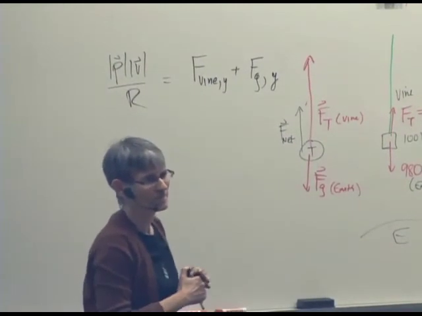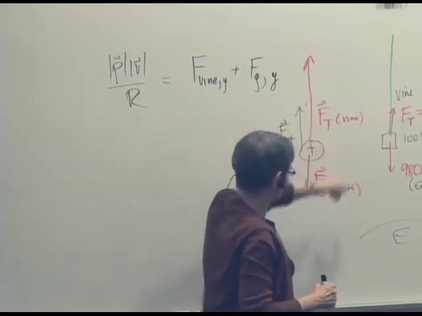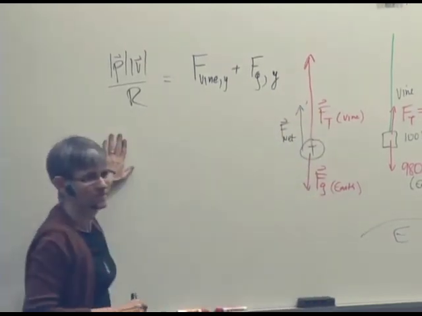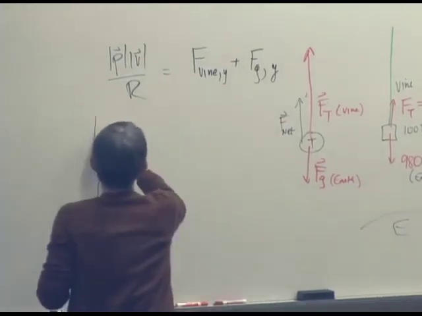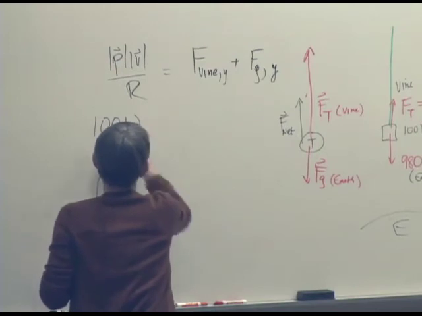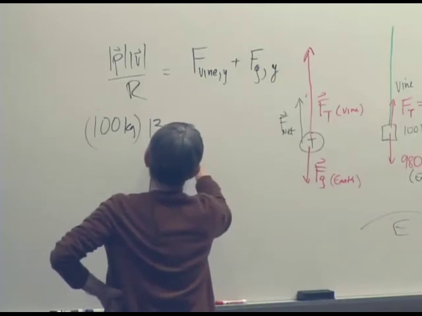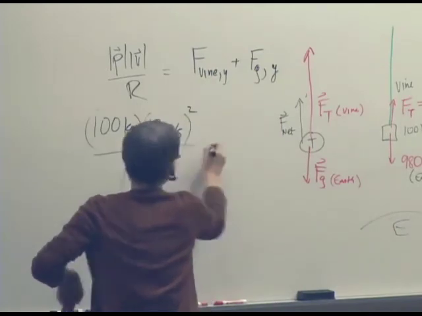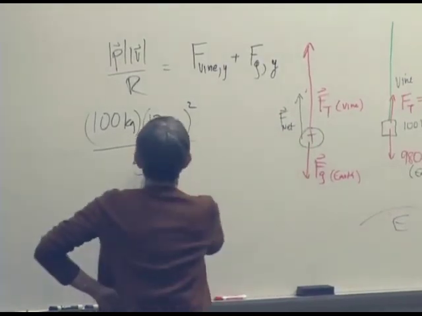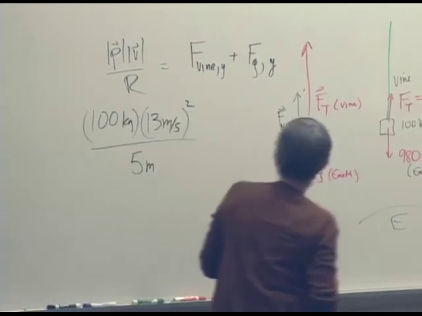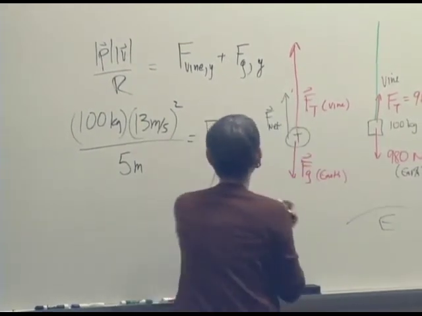Right? So we've got the y component of, so we have 100 kilograms times 13 meters per second squared. At the moment, the length of the vine is 5 meters. And that's going to be equal to the force of the vine.